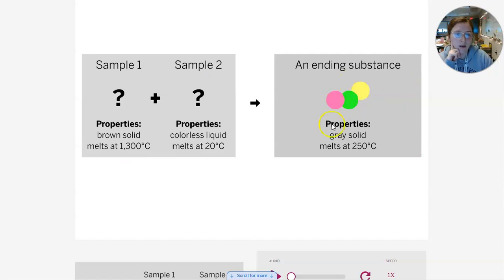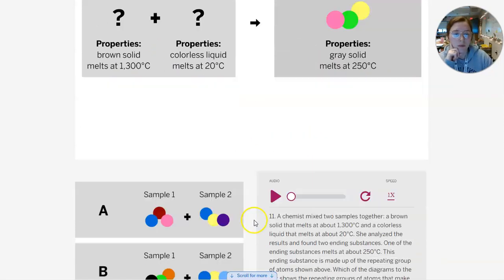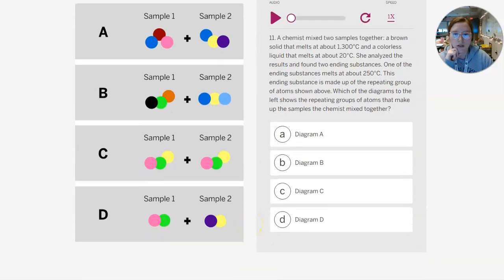No. I'm not going to see this molecule over here or here. So no pink, green, yellow. So if there's no pink, green, yellow, then I'm getting rid of C. I just said the properties are different. It can't be that one.